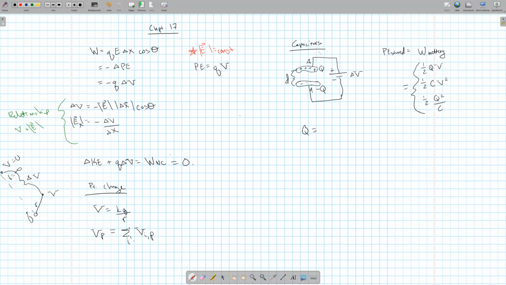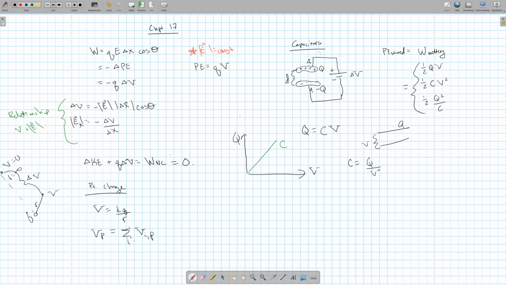The charge which is actually stored on the plates is simply equal to the capacitance of the capacitor times the potential across the plates. So if here are my parallel plates, I have a potential difference across the plates of V and a charge Q on here. Plotting the charge versus the potential simply gives me a straight line, where that slope is what we call the capacitance. So according to this definition, the capacitance of the capacitor is the charge divided by the potential.